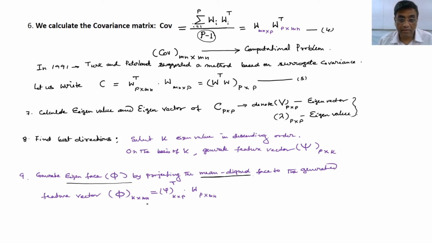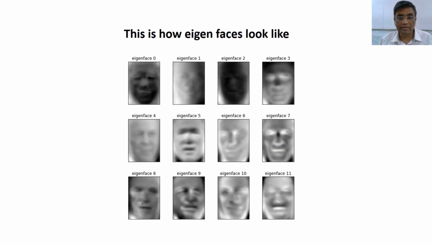The k-dimensional data we project will give you the eigenfaces, and this is what they look like. Projection is again about vectors: you have several directions, and these directions are mutually orthogonal.